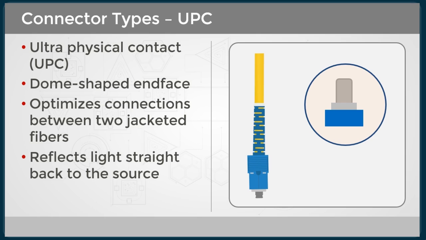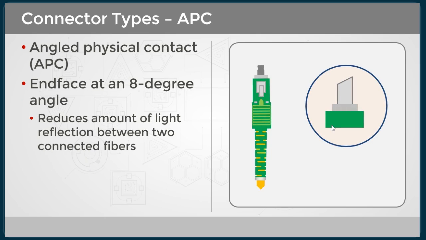So a physical contact aspect did reduce the overall return loss, but any light that did get reflected went straight back to the source. And that actually tended to cause a little bit of interference as well. So that led to the APC. The angled physical contact, which further reduced the reflection because of the 8-degree angle.